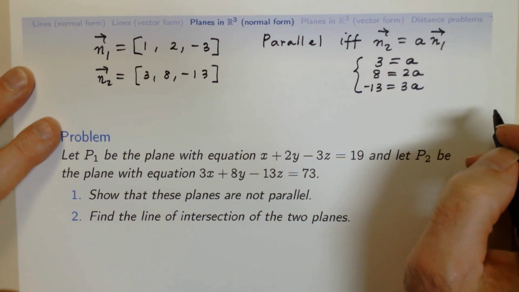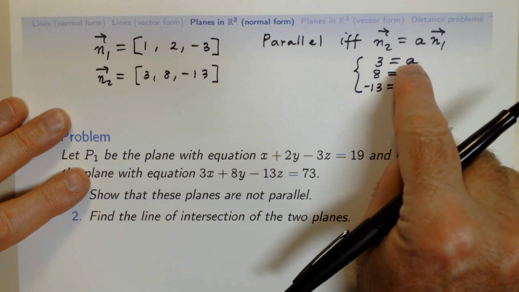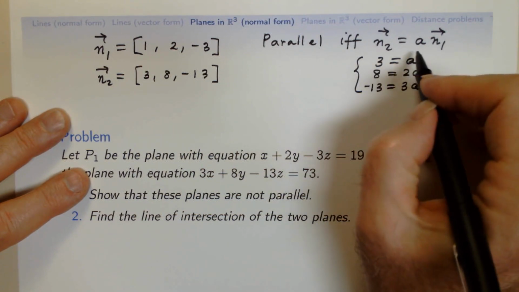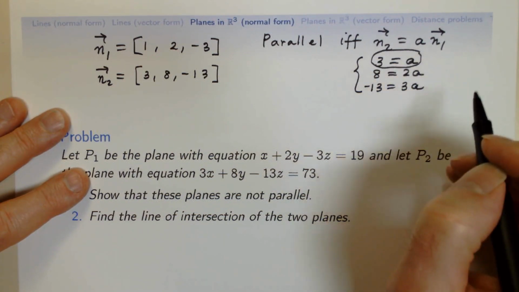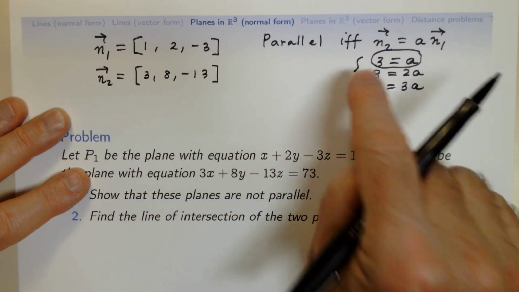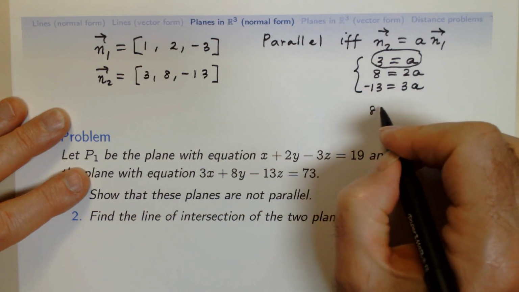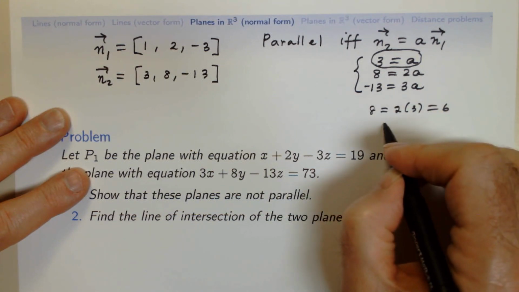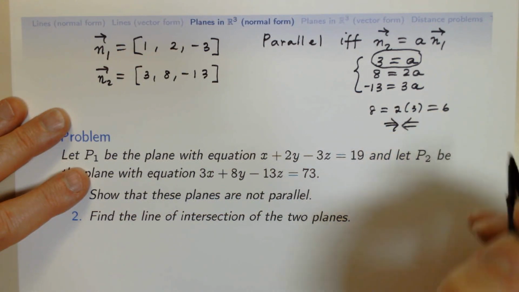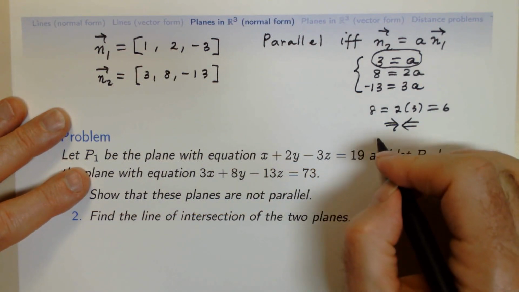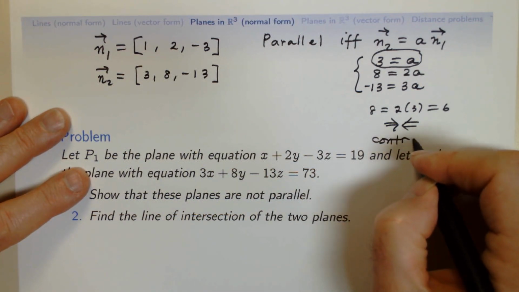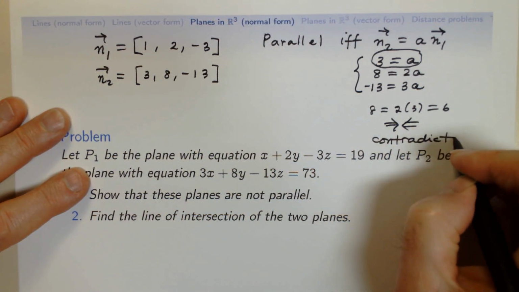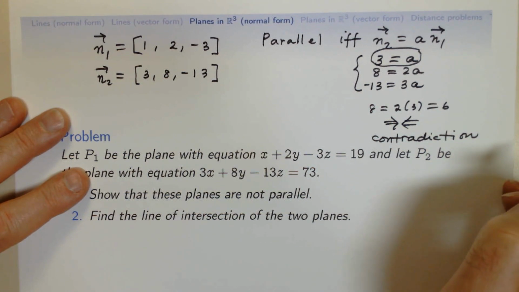Well, let's see if this is even possible, right? We can use equation 1 to assert that a is equal to 3. And if I plug that into equation 2, we would be left with 8 is equal to 2 times 3, which is 6, which is a contradiction. Right, we're led to an absurd conclusion.